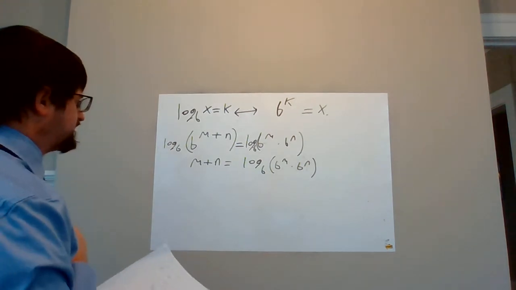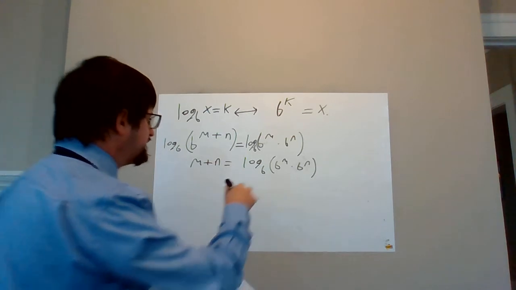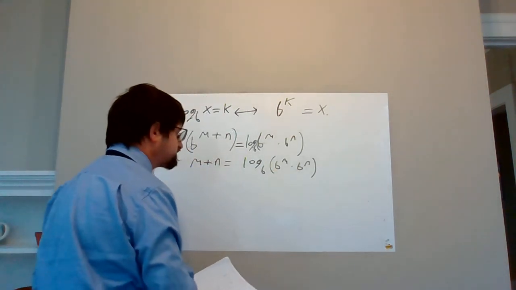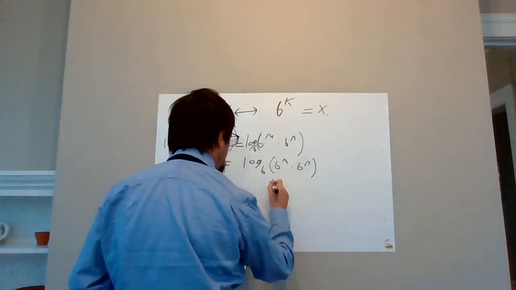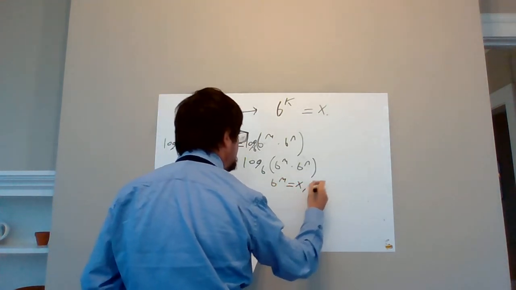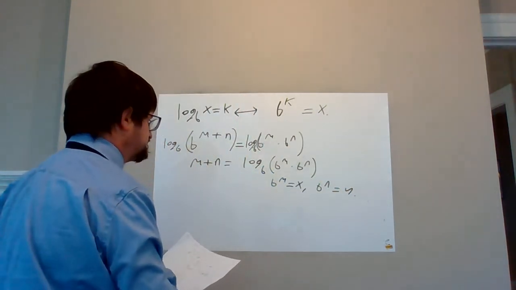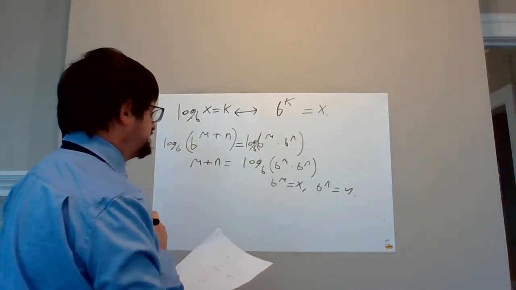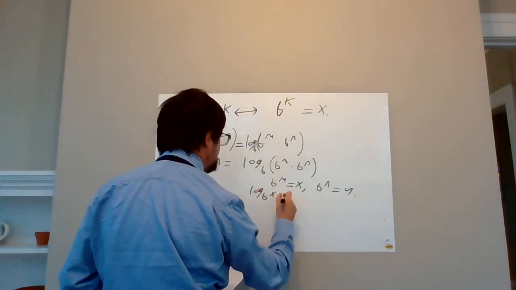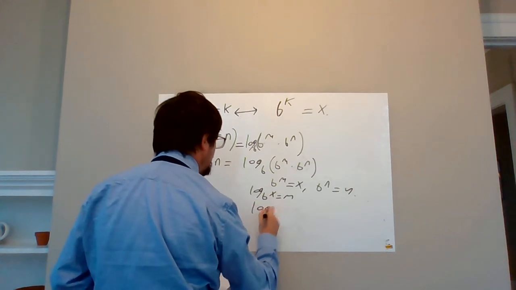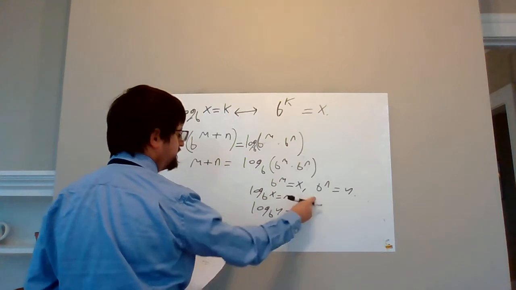That's not very nice looking yet. I'm going to rewrite b to the m and b to the n as different numbers. I'm going to write b to the m equals x and b to the n equals y. Now I'm going to note that log base b of x equals m, log base b of y equals n. Again, these are inverse functions.